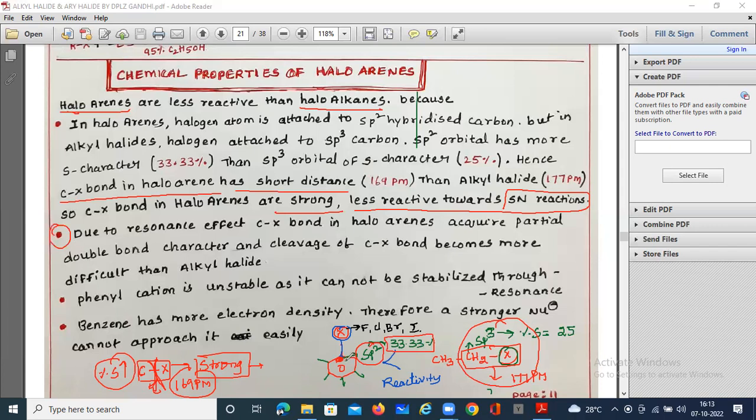So due to the presence of the pi bonds here, the benzene ring participates in resonance due to the delocalization of the pi electrons.